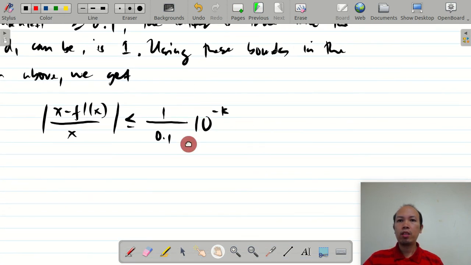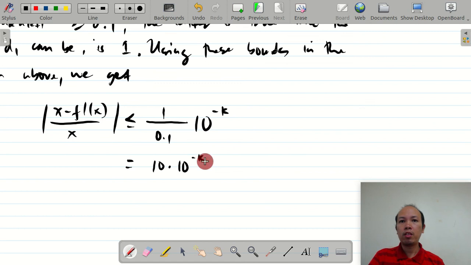So this one here, and we know that 1 divided by 0.1 is 10, times 10 to the negative k, or this is equal to 10 to the negative k plus 1.